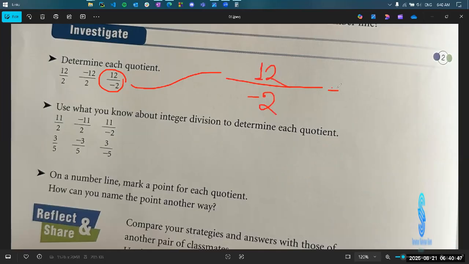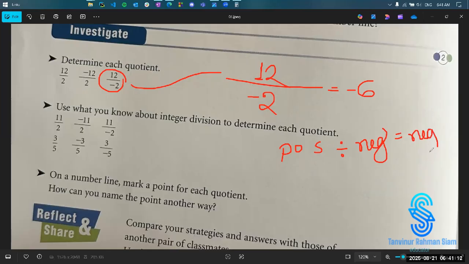What is the possible answer for this set? Negative 6. So what will be the sign rule for it? Positive divided by negative is equal to negative. Positive divided by negative will give you a negative number.